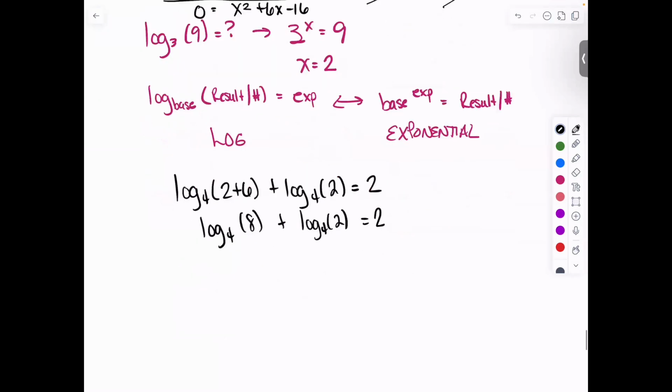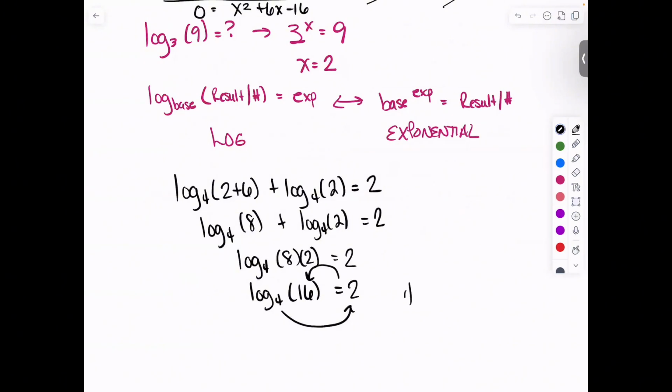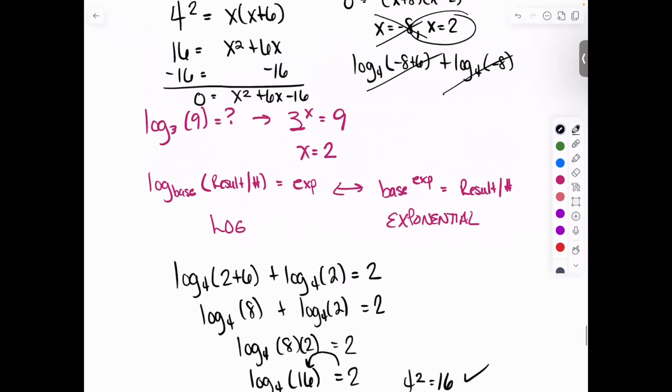Then I end up having log base 4 of 8 times 2, which is log base 4 of 16. Yes, I'm just doing that for clarity here. If I use what I know about logarithms and exponential equations, I can just take 4 to the second power equals 16. Yep, I believe that's true. All right, so that is the final answer.